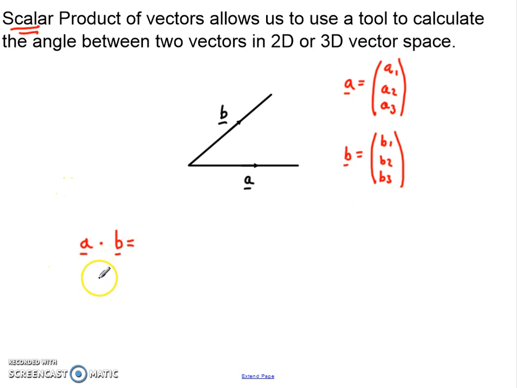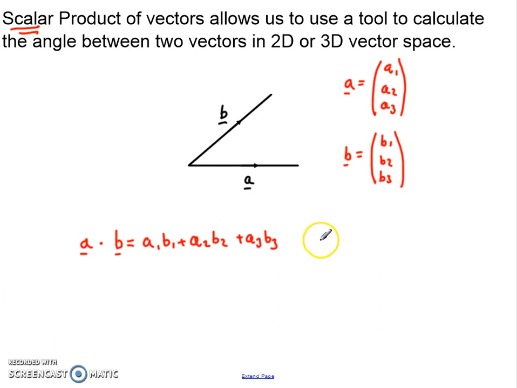Now if I want to look at the dot product or the scalar product between the vectors A and B, and I tell you the vector A is of this form and the vector B is of this form, what we have to do is quite simply follow the formula A1 B1 plus A2 B2 plus A3 B3. So in order to do this, we simply multiply together the associated elements, so A1 and B1, A2 and B2, A3 and B3, and then add them all up at the end, so calculate the sum.